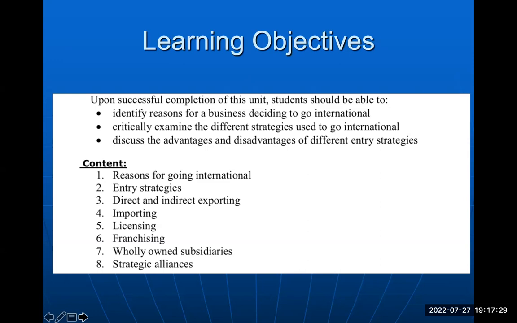Two, critically examine the different strategies to use to go international. Finally, discuss the advantages and disadvantages of different entry strategies. We have some examples there: importing, licensing, franchising, wholly owned subsidiaries, strategic alliances. We're going to look at those in detail.